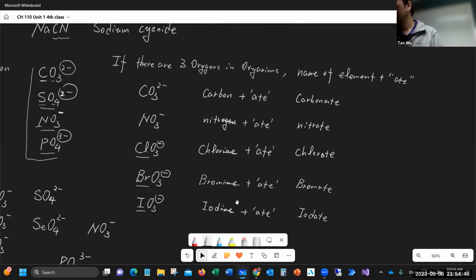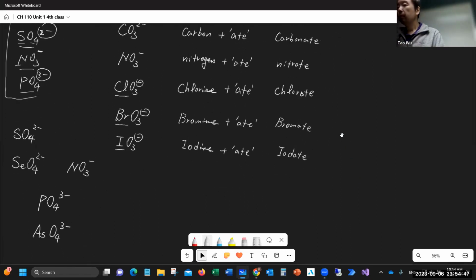Okay. So this guy, again, let's come back to see this. Those are polyatomic ions, and they all end with ATE with the 3 oxygens, but they have several exceptions. The exception is some of the elements like sulfur, phosphorus, selenium and arsenic.